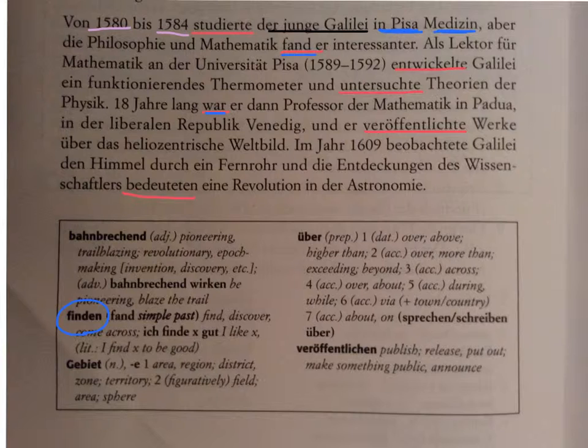Then in German, going on from there, it's aber die Philosophie und Mathematik fand interessanter. Now we're at a point where, remember on Monday where we had something in a position that was not at the beginning before the verb? This is another one. Fand, and then these are the direct objects here.